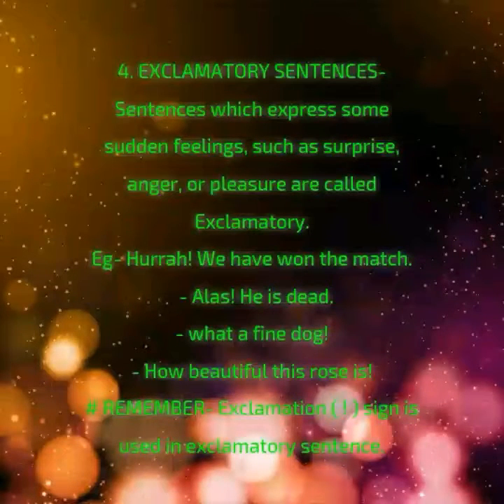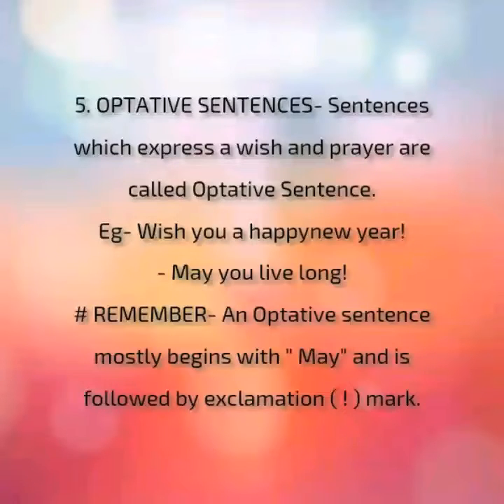Now we will talk about number 5, optative sentences. Definition of optative sentences is: sentences which express a wish or prayer are called optative sentences. Here I'll give some examples. Wish you a happy new year.